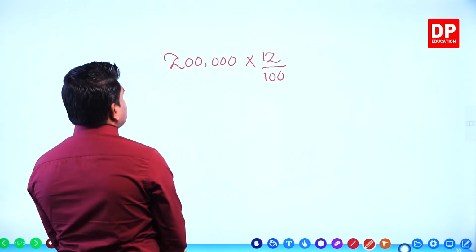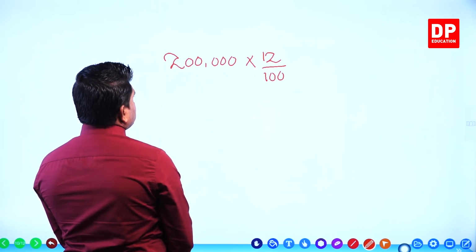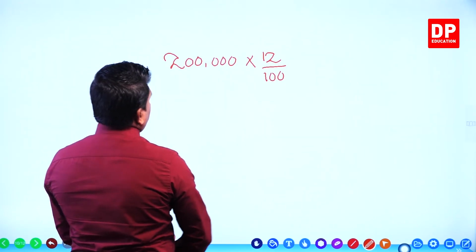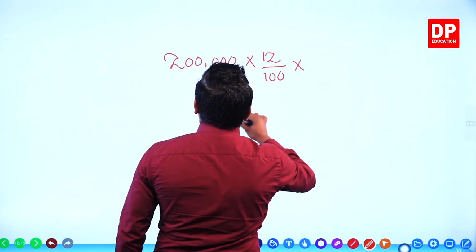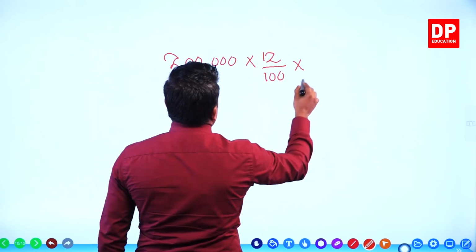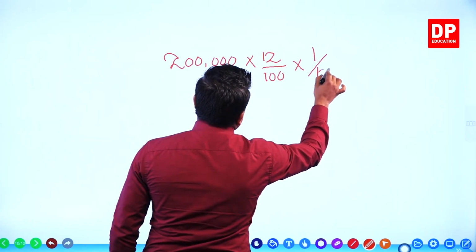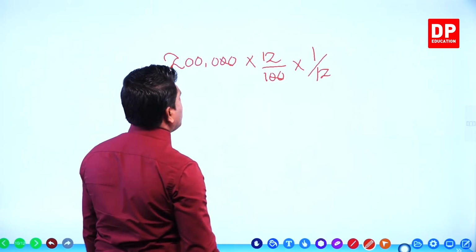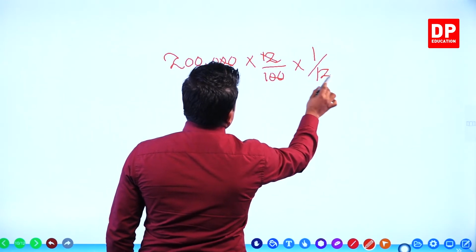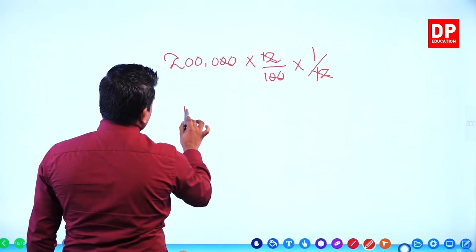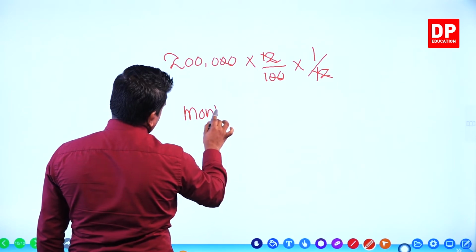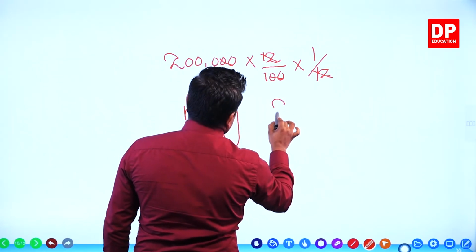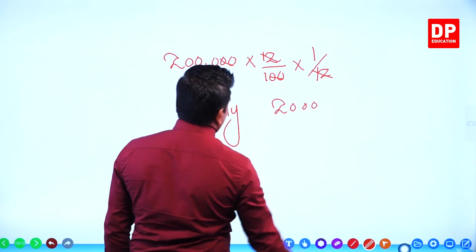Right? Then when you calculate this one, you can find the total interest income for the year, but 1 over 12, then you can find how much the interest for the month, right? Monthly interest, $2,000.